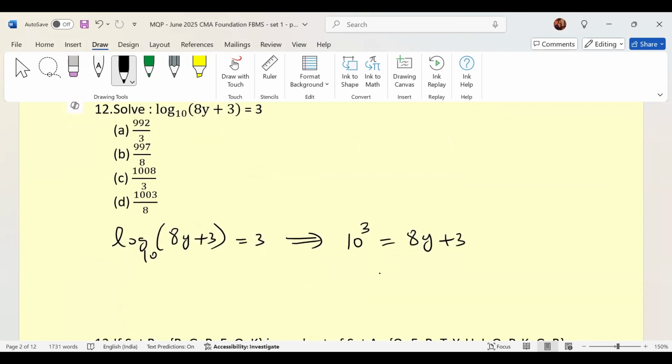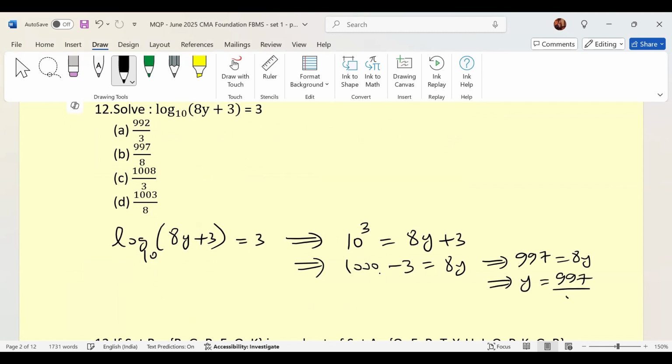Means we get 1000, and bringing that 3 to the left hand side, we get 997 is 8y, or y is 997 by 8. That will be the solution for this.